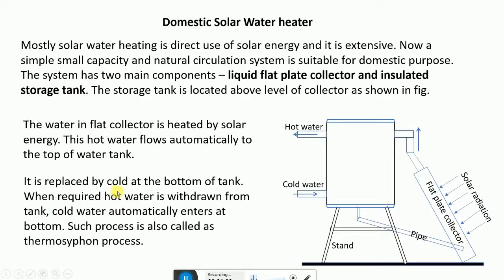We know that the density of cold water is higher than the density of hot water, so hot water goes to the top of the tank and cold water stays at the bottom because its density is high. When required, hot water is withdrawn from the tank, then cold water automatically enters at the bottom. Such a process is also known as the thermosiphon process.